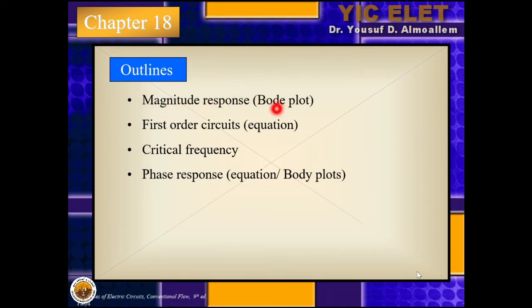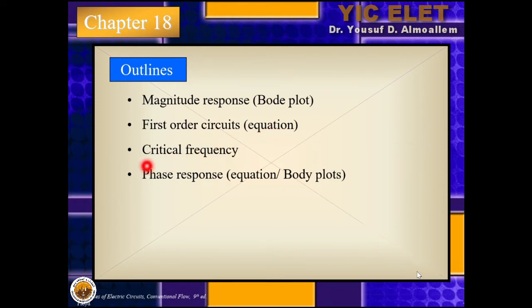So again, Bode plot, similar to what we've seen before. Then we're going to see a circuit of that filter, how it looks like, what are the RLC components of the circuit, and we'll take very simple circuits. It is the first order, so basic circuits, and we will see the equations.